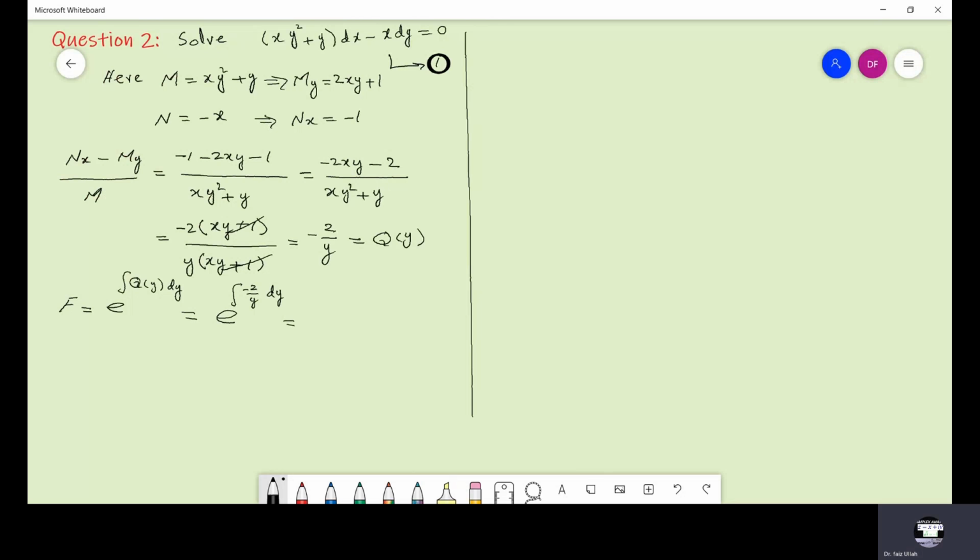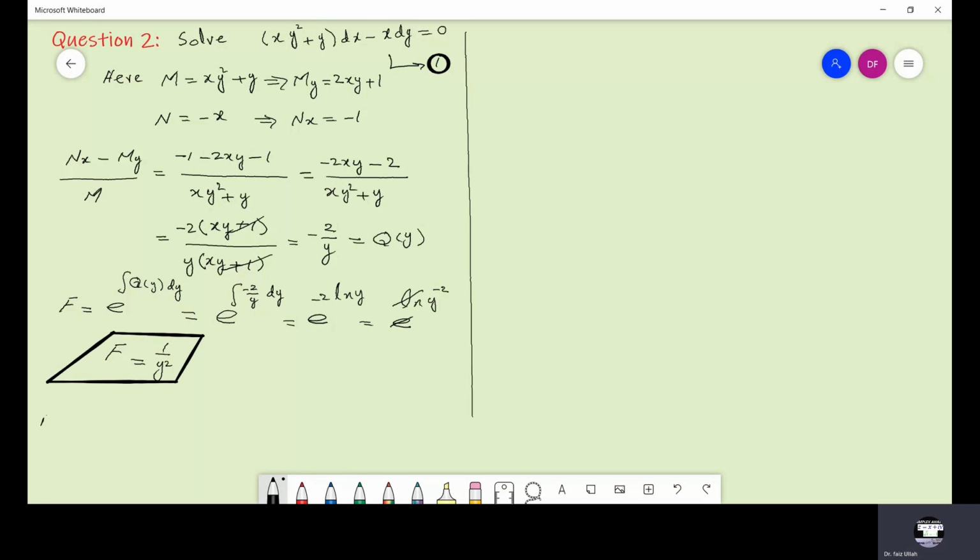Taking minus 2 as common and integrating 1 over y, we get e power minus 2 ln y, which can be written as e power ln y power minus 2. Ln will cancel with e, so we get the integrating factor, which is equal to 1 over y square. That is the integrating factor for problem number 1.